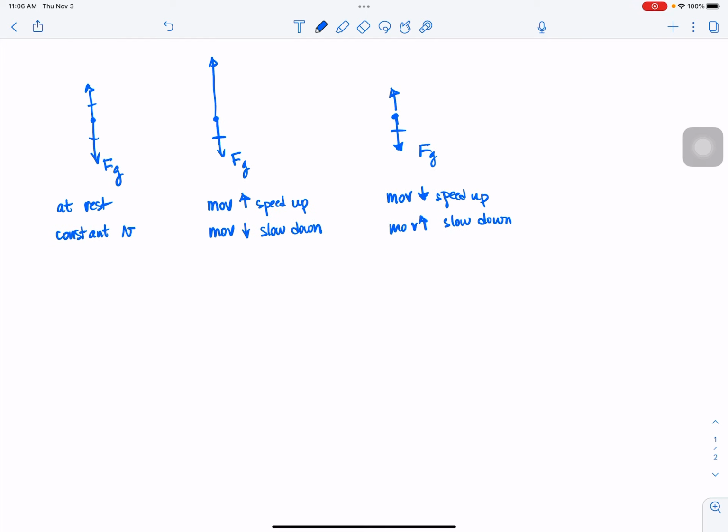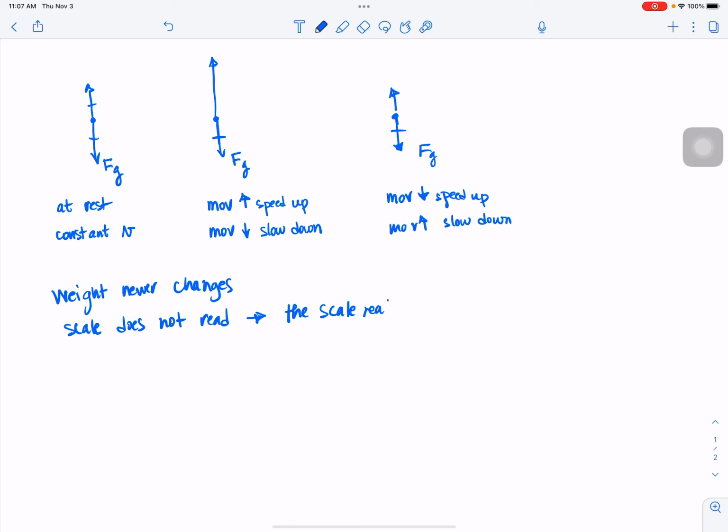So the thing that's important to realize is that your weight never changes. And so what that means is that the scale does not read your weight, because the scale reading does change. So it cannot measure weight because your weight does not change.